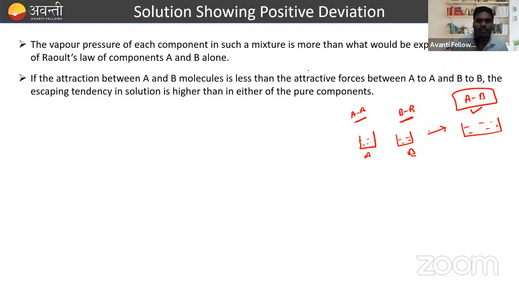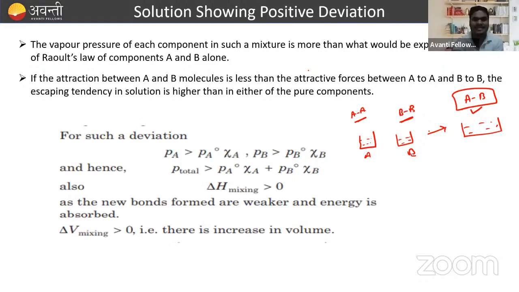As a result of this, more vapor will be produced and we get the positive deviation. So I hope, is it clear to you? Yes, there is no problem in this, Nabita. It is very much clear to you.